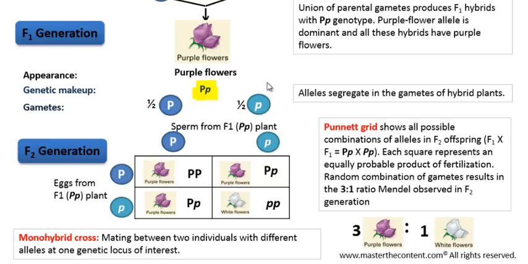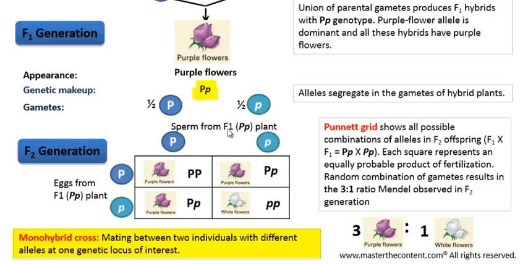So a cross that involves heterozygotes, like those we see in the F1 generation, the first filial generation, is called a monohybrid cross. A monohybrid cross is basically a mating between two individuals that have different alleles at one genetic locus of interest. So the character that you are studying in a monohybrid cross is governed by two or more alleles at a single gene locus.